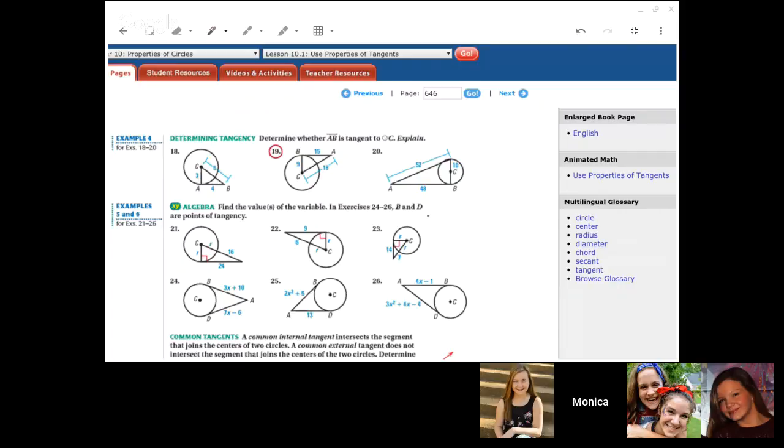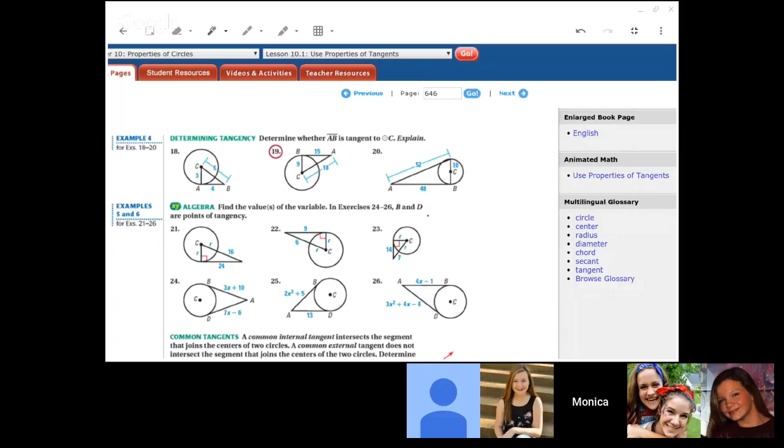Okay, so what do we have to know to tell if a segment is tangent to a circle? Okay, it has to be a right angle.